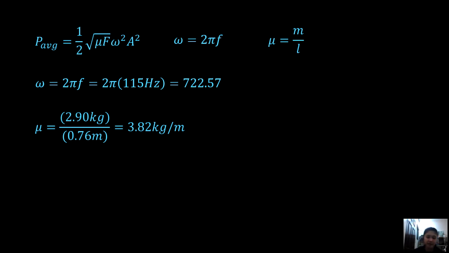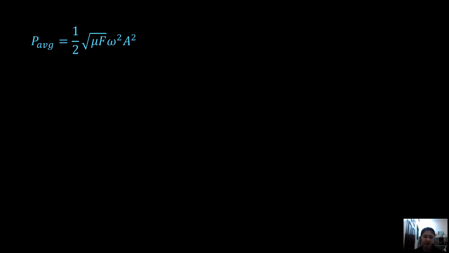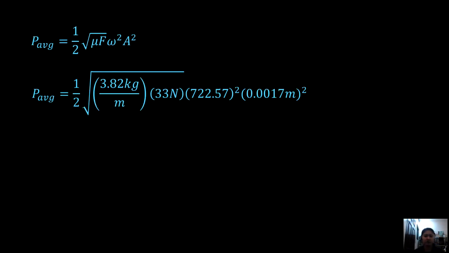So now that we have those two variables, we can actually plug them into the average power formula. So it would be 1/2 multiplied by the square root of the quantity of the mu, which is 3.82 kilograms per meter, multiplied by the force, which is 33 newtons, and multiplied by the quantity of the omega squared, which is 722.57 squared, multiplied by the amplitude, which is 0.0017 meters, and we have to square that as given in the formula.